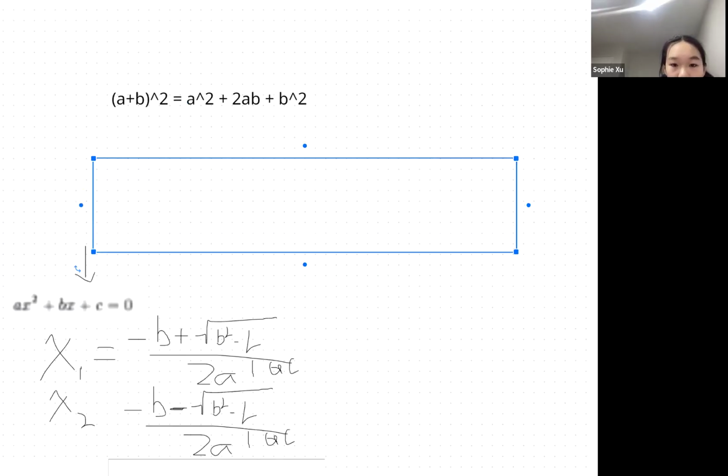Equals 0. So we know that this part can make a square, which is x plus b over 2a, this whole thing squared. And then we bring this part over to the right side. Let's just copy and paste this, and then we have to change the signs.